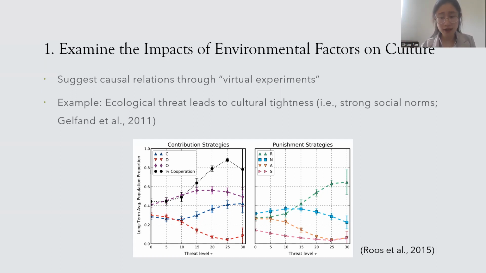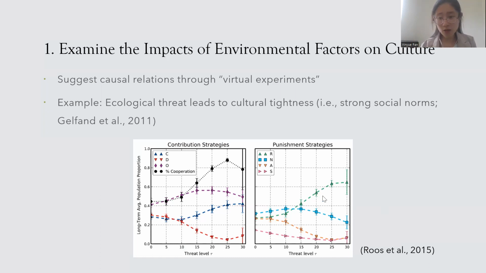For example, Rose et al. conducted a study where they examined how ecological factors influence the extent to which people follow social norms, and to what extent they punish norm violators. What they did is that they manipulated the level of threat in the environment, and they found that as threat increases, they did see an increase of cooperation rate in the population, which means more people are following social norms as threat increases.